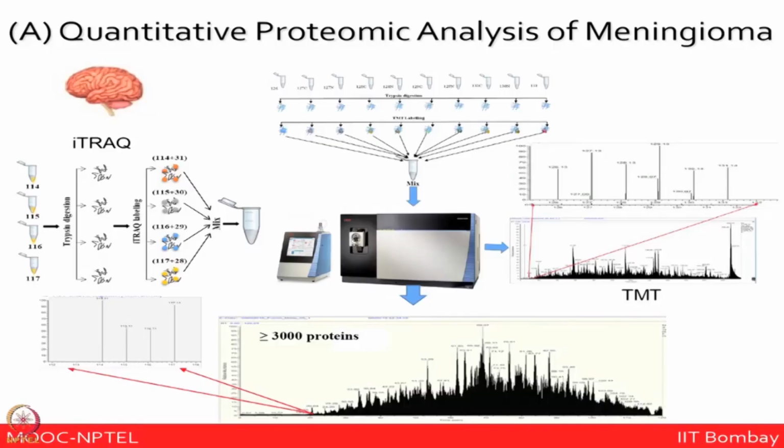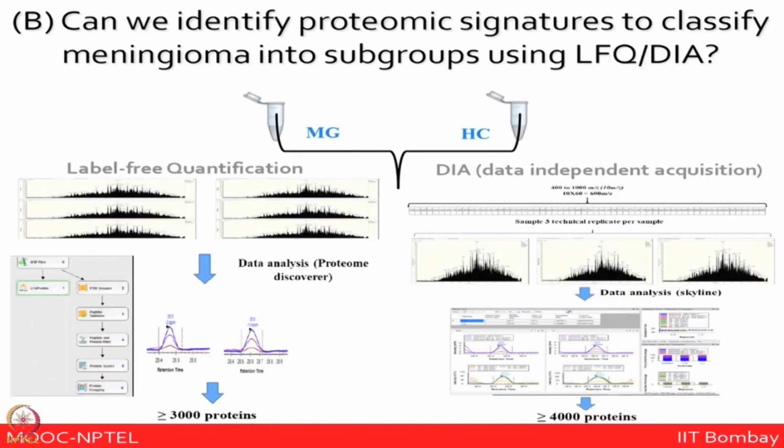We took meningioma patients of different grades, especially grade 1, 2 and 3. Grade 3 patients are very few, so we had mainly grade 1 and grade 2. Grade 2 patients are more malignant. We used the iTRAQ based strategy as well as TMT based workflows to compare different grades of these patients. Reliably we could get almost 3000 proteins from the quantitative comparisons. Then we used the same samples for label free quantification or data independent acquisition.